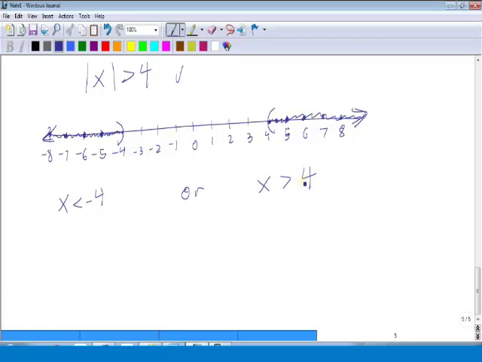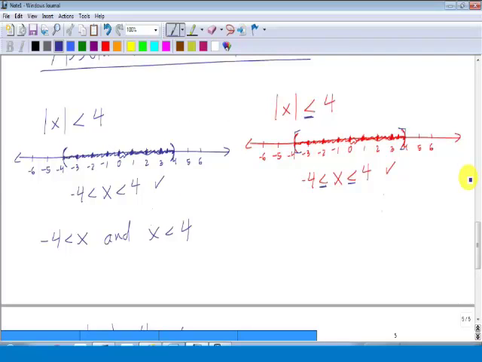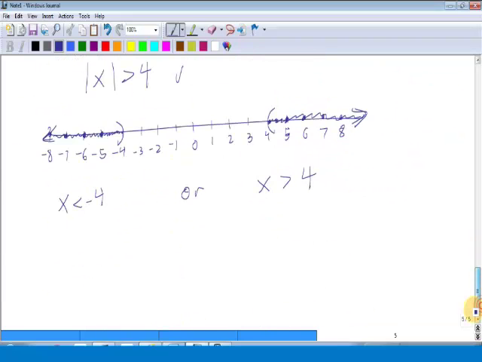And an and statement often translates nicely as a 3-part inequality, because an and statement can often be written as a single interval when you look and see what those 2 statements have in common. But an or statement almost never translates well as a 3-part inequality, because usually we get 2 separate intervals. We're not saying it's everything in between 2 particular numbers.